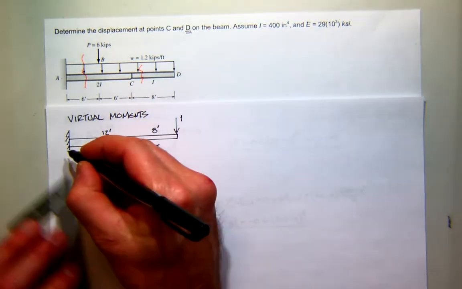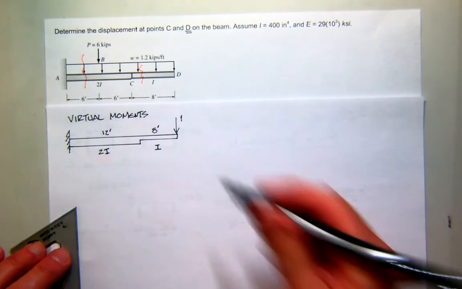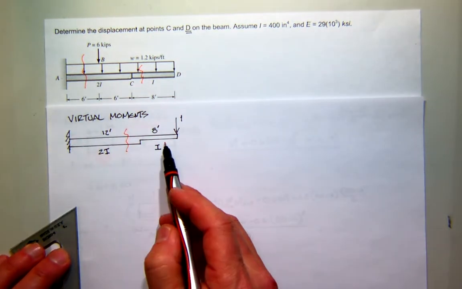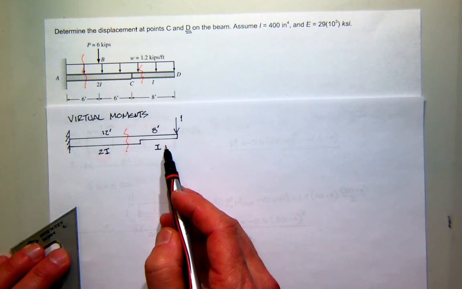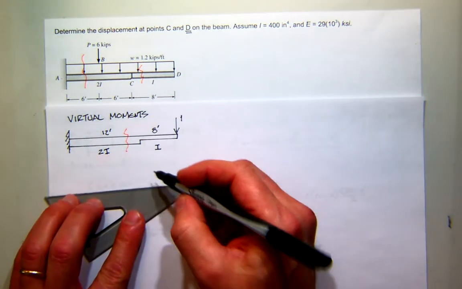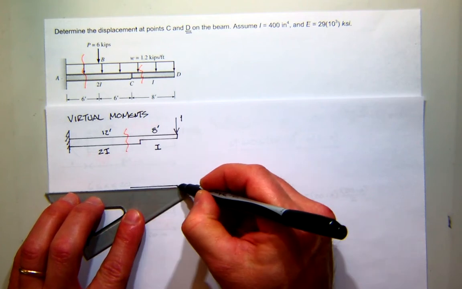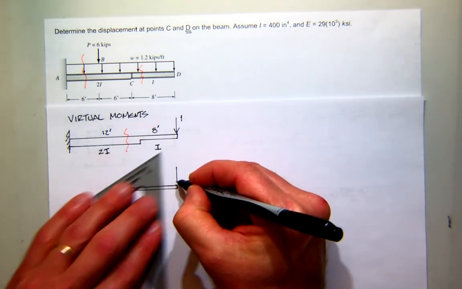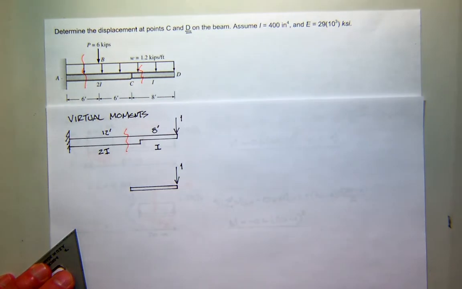So I can write one equation for this. If I cut the beam anywhere I like, again, it's going to be easier to work the cantilever in than the end with the fixed connection. So I'll redraw that. So there's my virtual load of 1.